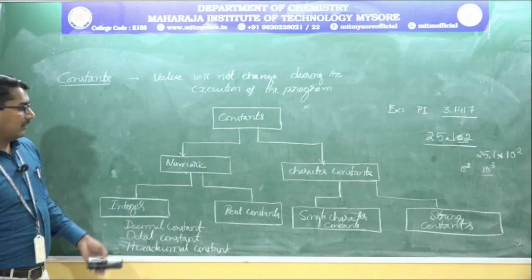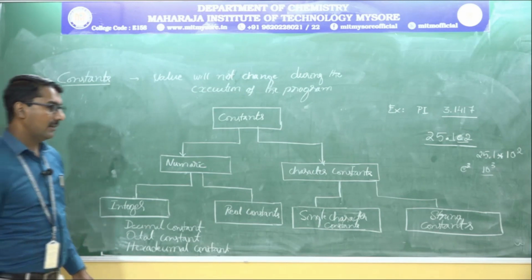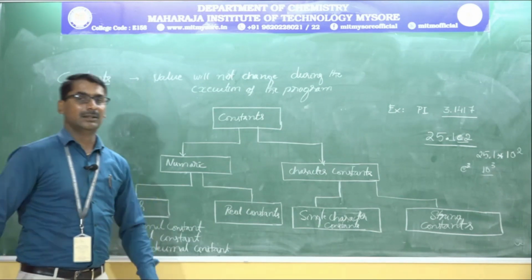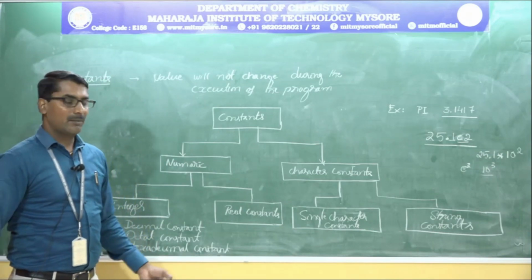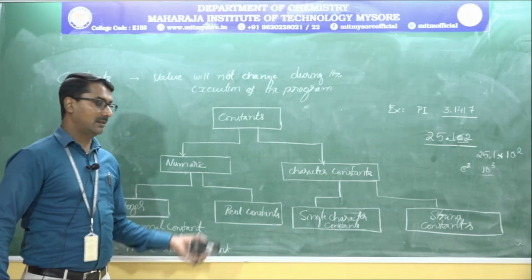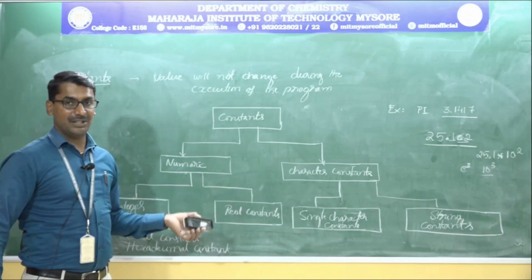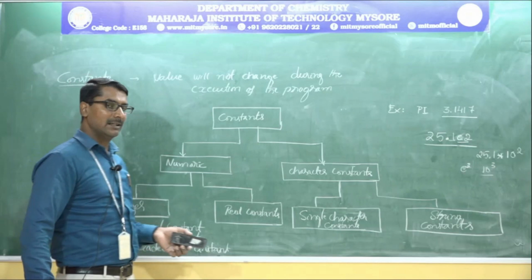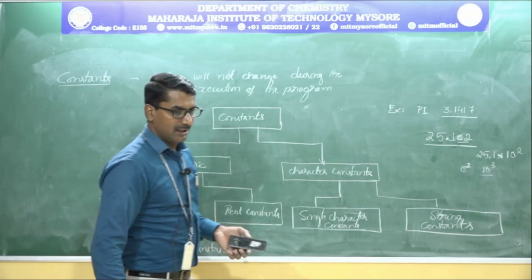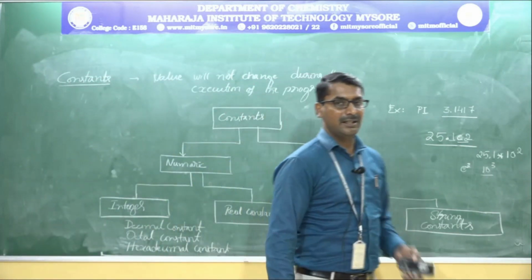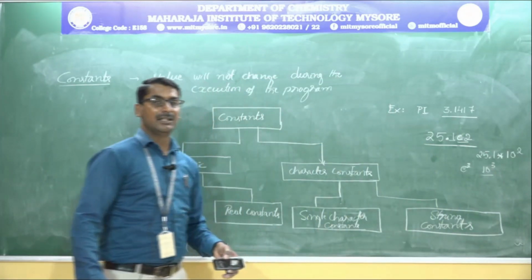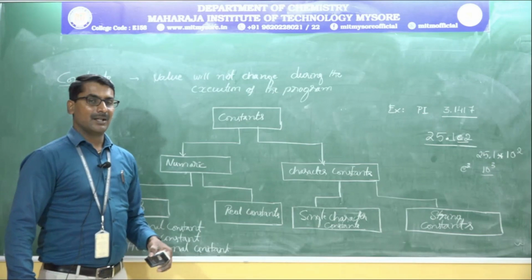So when we are defining the integer constant and the real constant, the range of the value depends upon the compiler. What type of compiler we are using, or based on the machine, the range will be different. Example, if you are using a 16-bit machine, the maximum integer value range is 32,767.